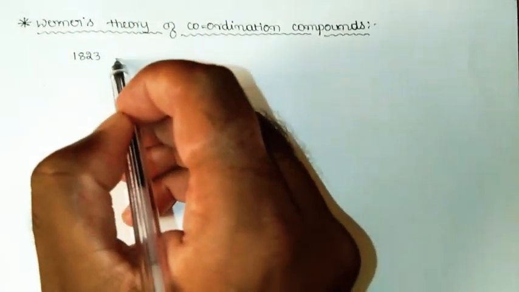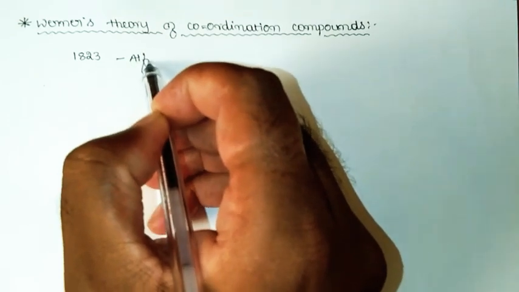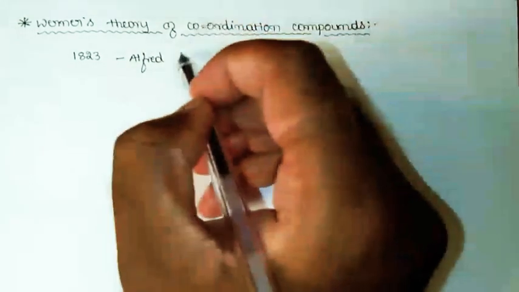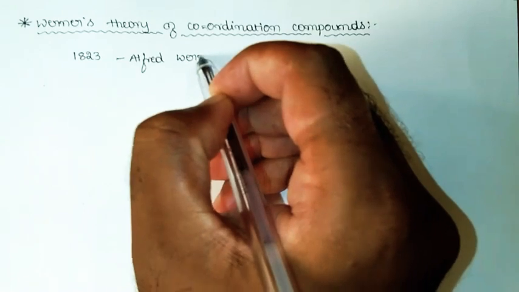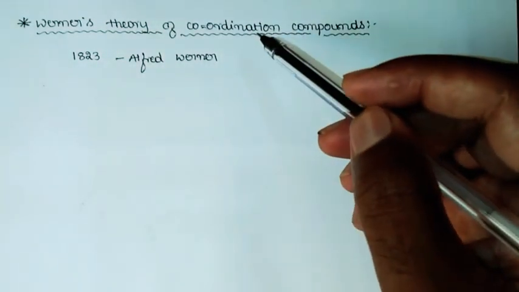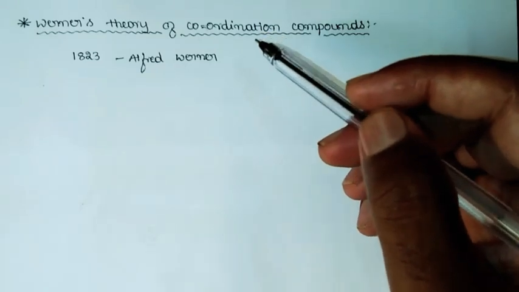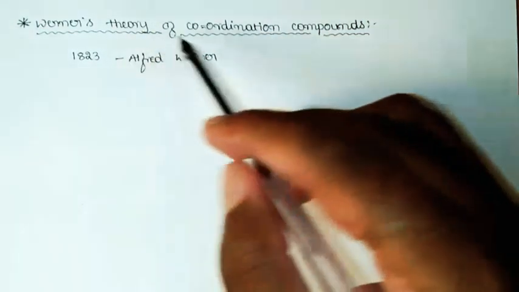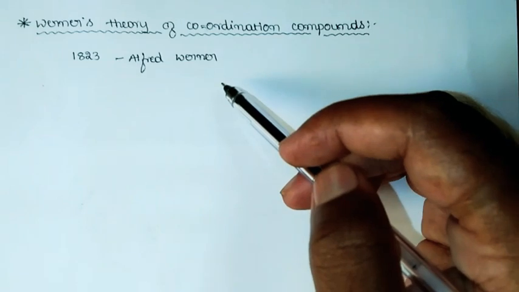1823, a scientist by name Alfred Werner proposed a very useful theory which is regarded as Werner's theory of coordination compounds.